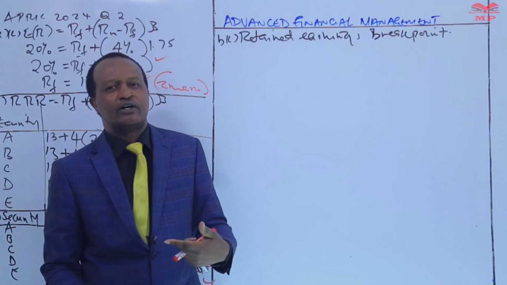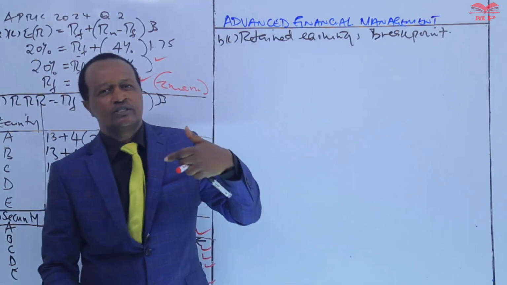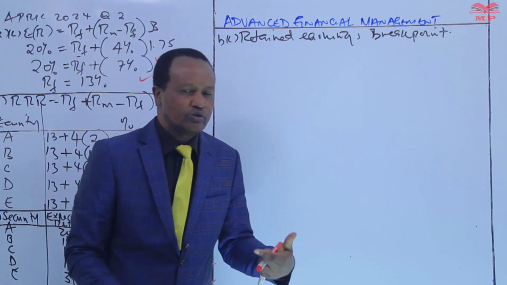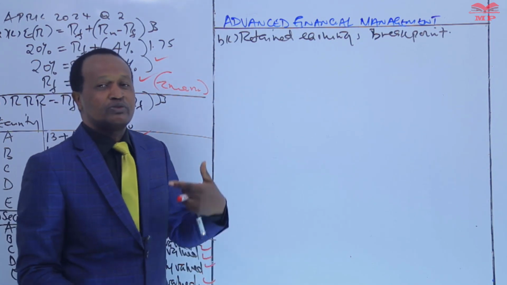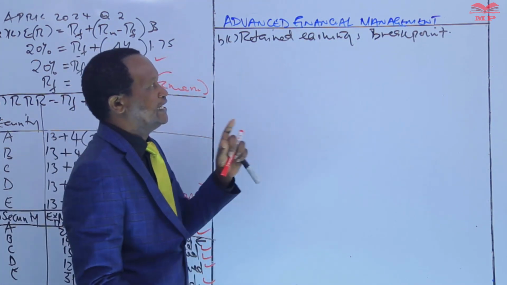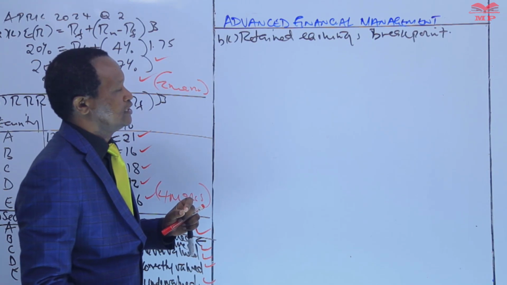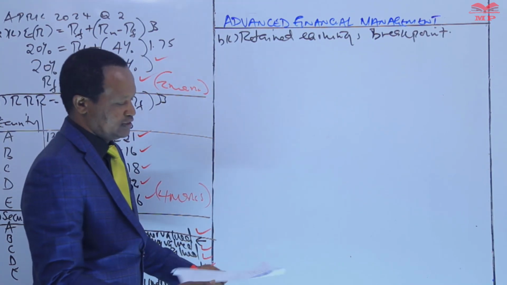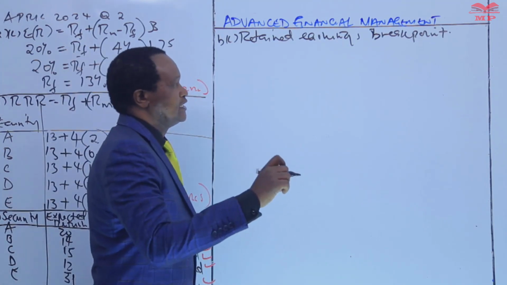Because they can now fund new projects or investments without relying on external sources of capital. And that helps the company to avoid dilution and higher costs. All right? So that is the meaning of retained earnings breakpoint.